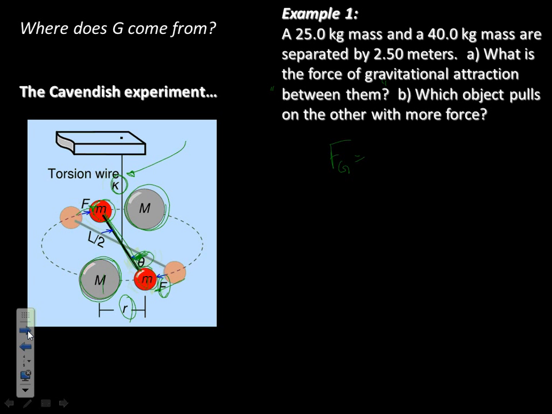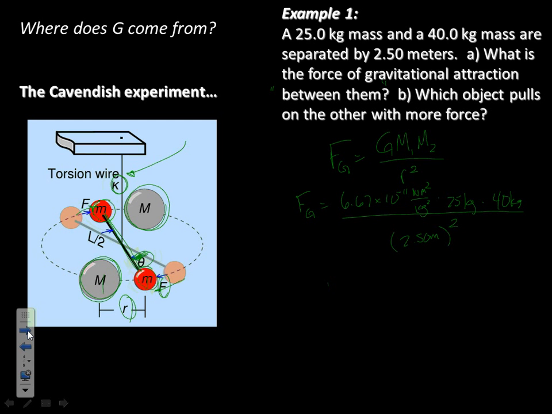So we say F is G M1 M2 over R squared. 6.67 times 10 to the negative 11th Newton meters squared per kilogram squared times 25 times 40 over 2.5 meters. Don't forget to square. Oh, gee, I don't remember what you get. It's like 1.09 times 10 to the negative something. I don't know. You tell me.